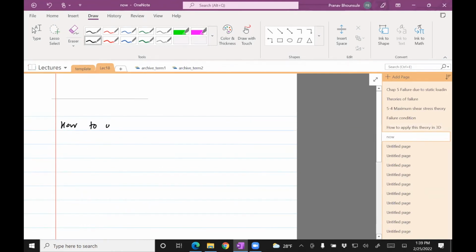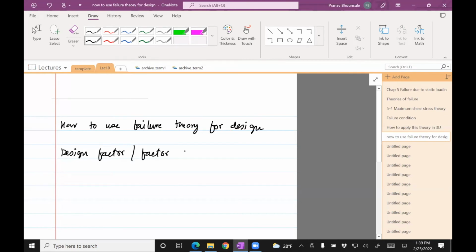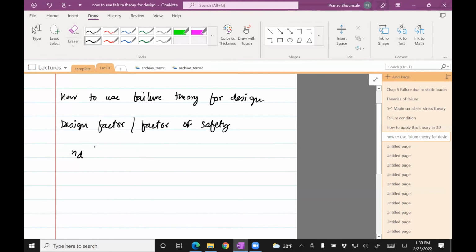How to use failure theory for design. We'll simply define a design factor, or factor of safety, ND or N. It's equal to the max shear stress divided by the allowable stress.